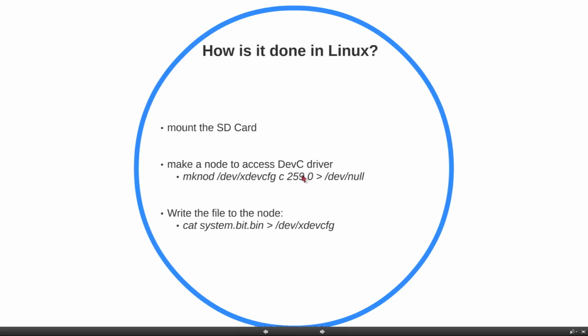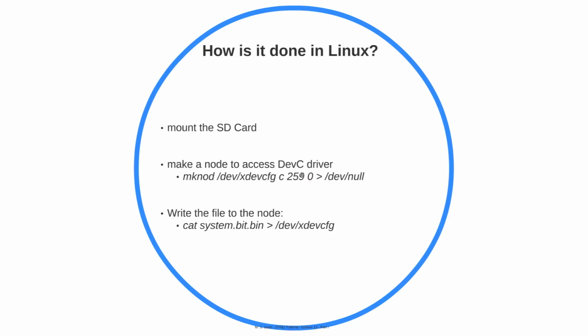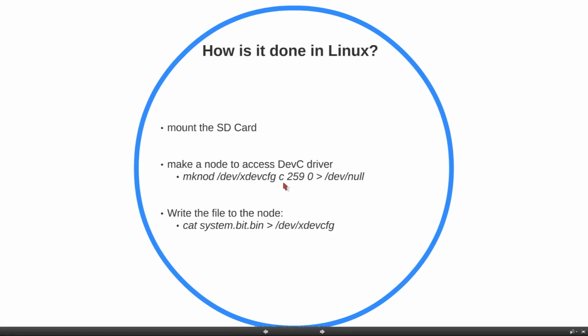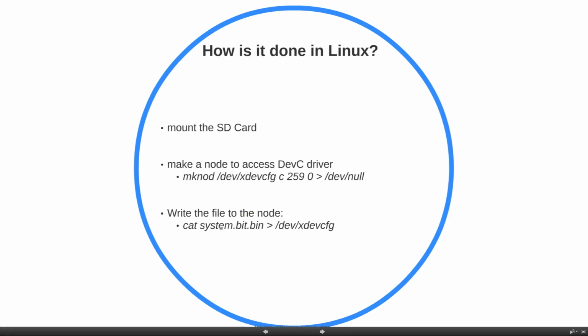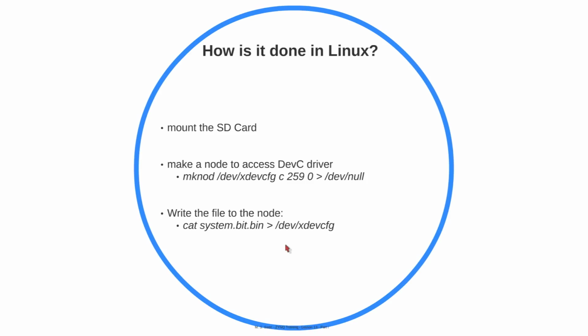Then, for the driver that Xilinx has already written for the device configuration subsystem, you create a node so that you can talk to that driver, which is already available and active in the Linux kernel. Then all you do is write the bitstream that you have on the SD card to this node. Through these 3 simple commands, you are able to reconfigure your PL when you are running Linux on the ARM host.